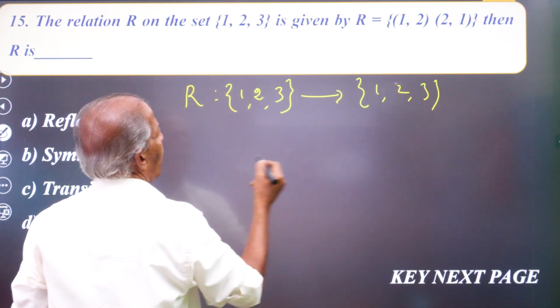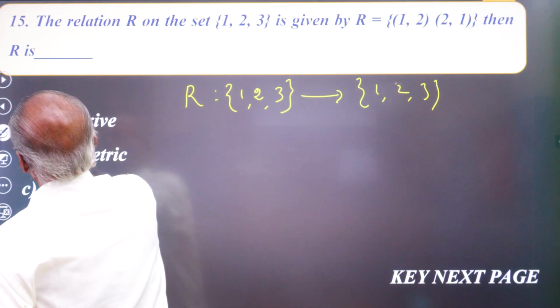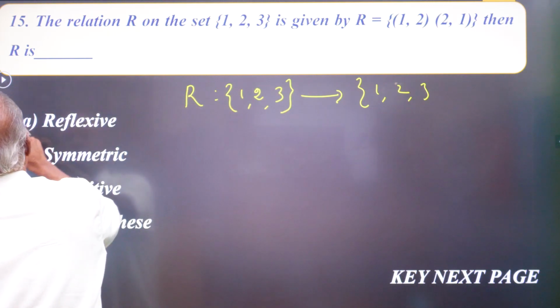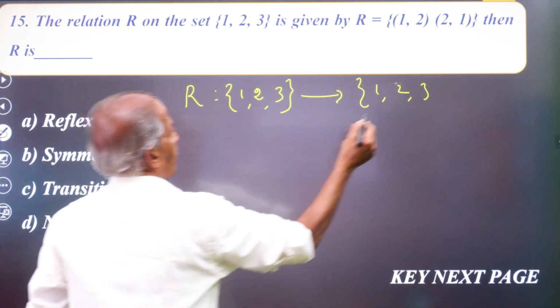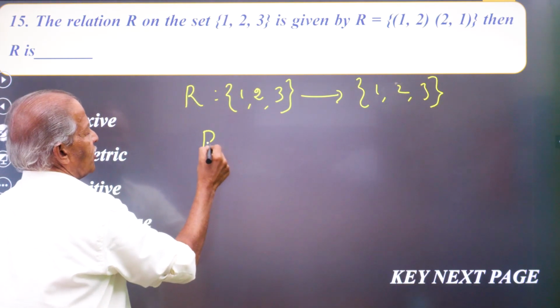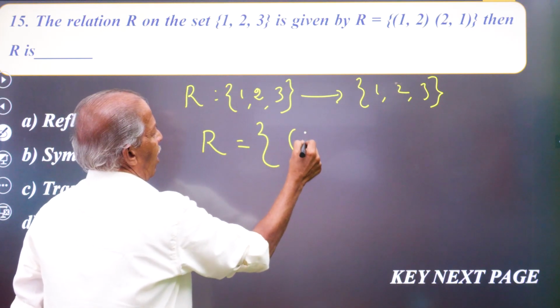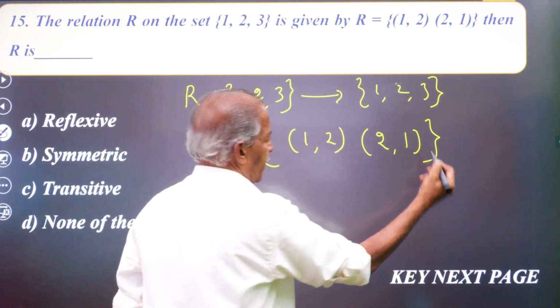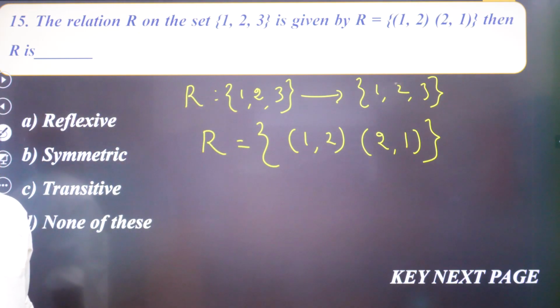The relation is given by the set of all ordered pairs (1, 2) and (2, 1), this only. You have to check whether it is reflexive, symmetric, transitive.